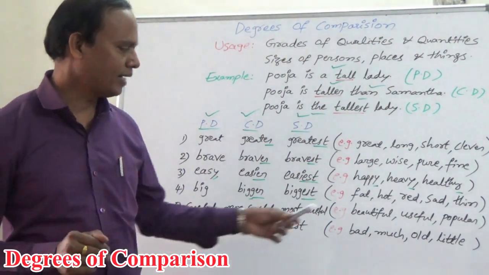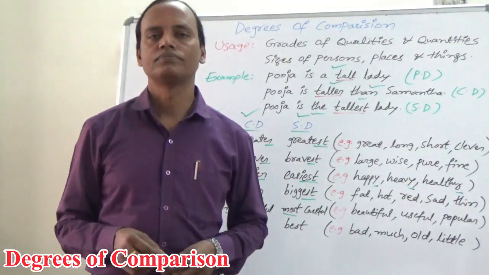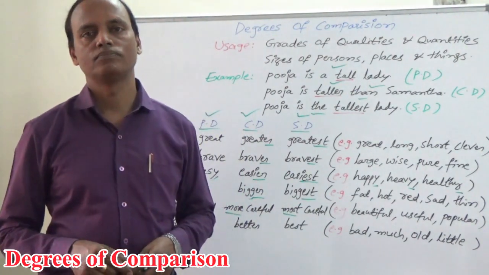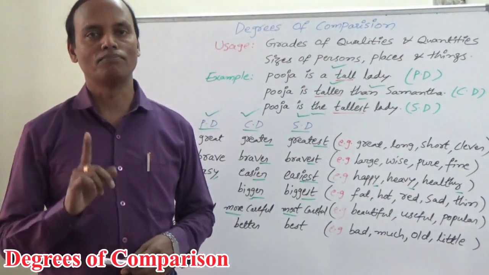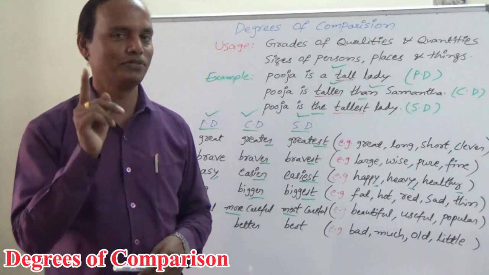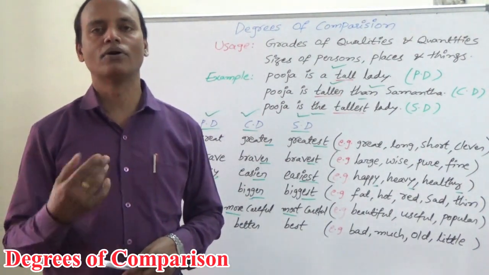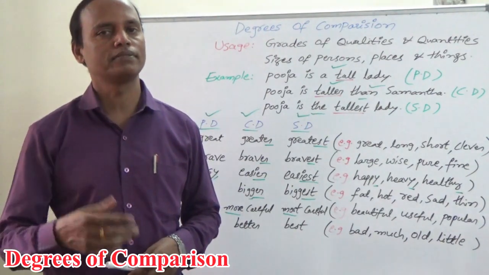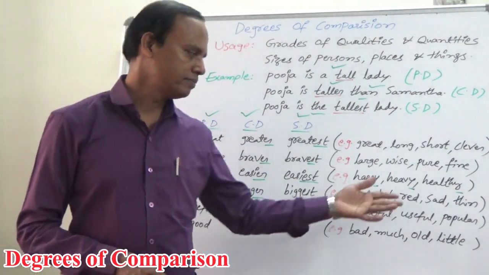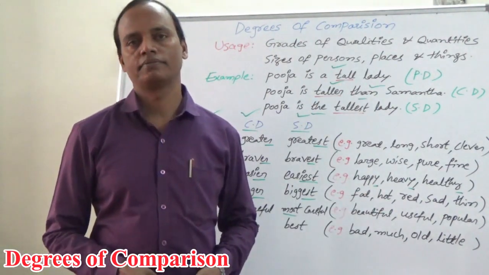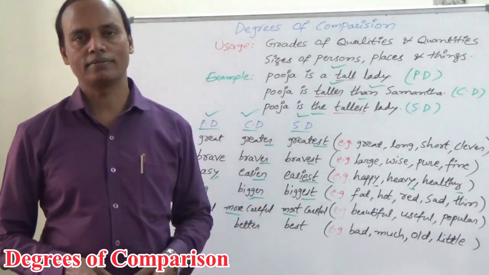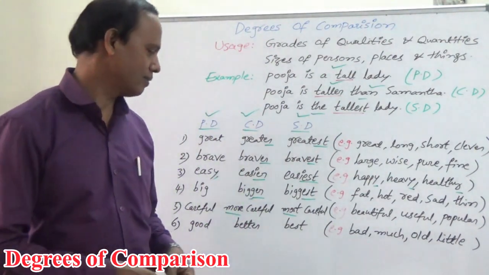Alright. Then as follows, you can say after me, beautiful, more beautiful, most beautiful. You cannot say beautifuller or beautifulest. Alright. Then useful, more useful, most useful. Then popular, more popular, most popular.